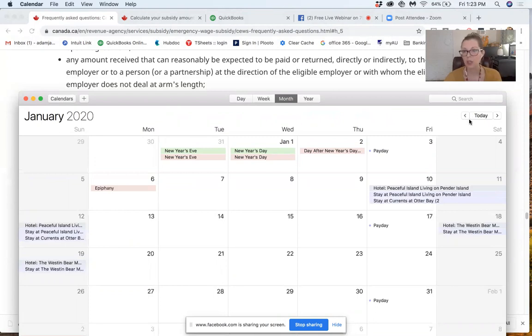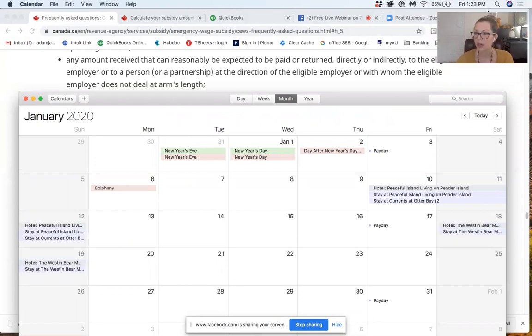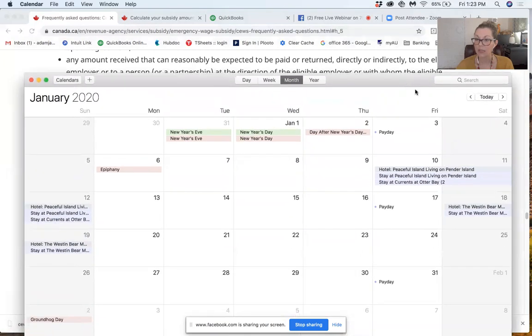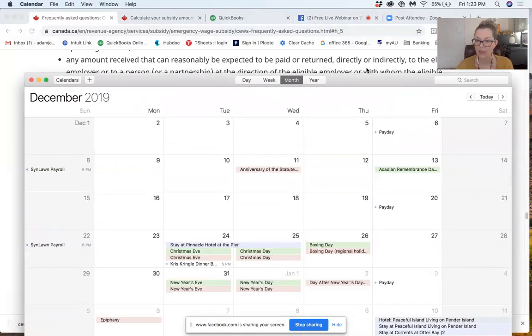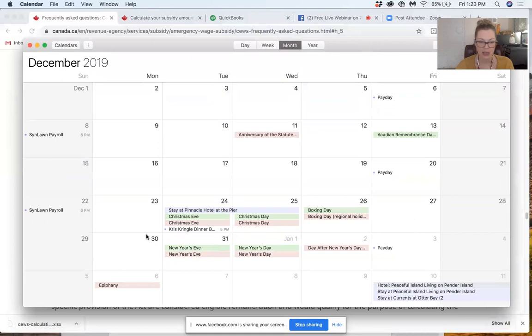So this might be news to you if you're a business owner who doesn't do the payroll themselves. But what happens is at the end of December, if I work from December 15th to December 28th, that's my 2-week period of wages.